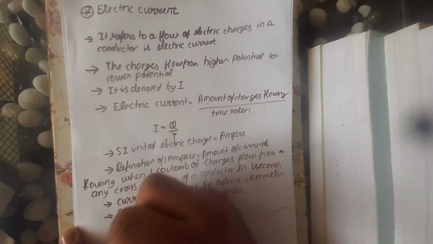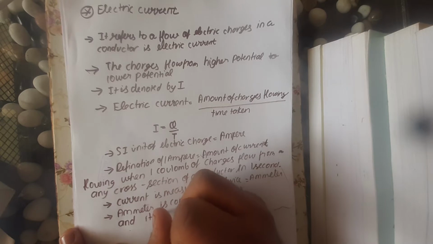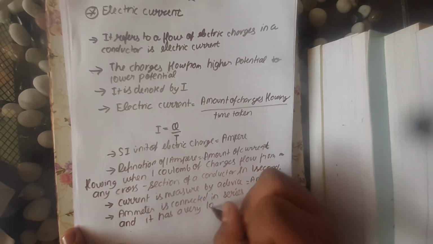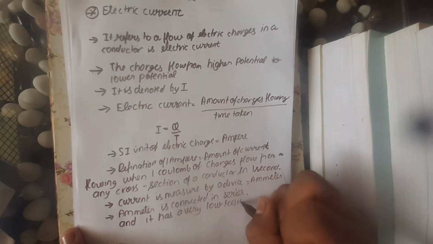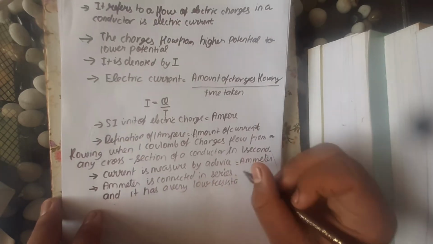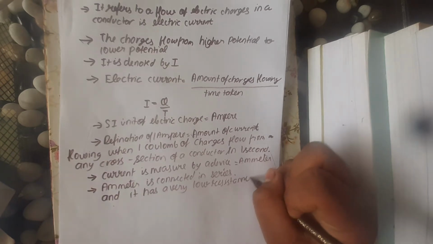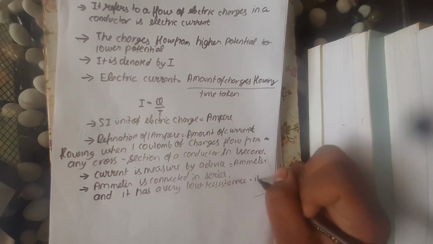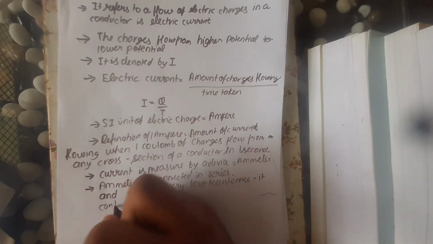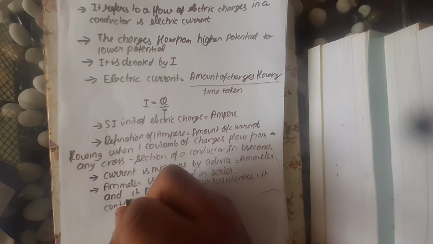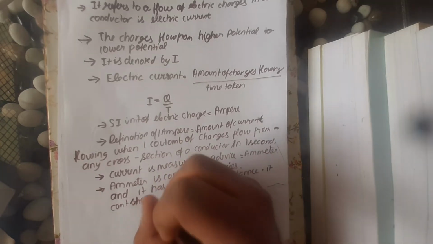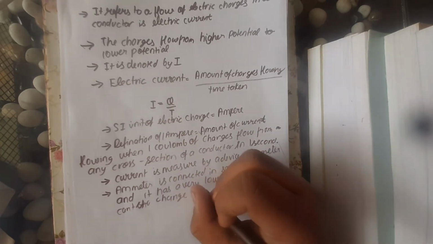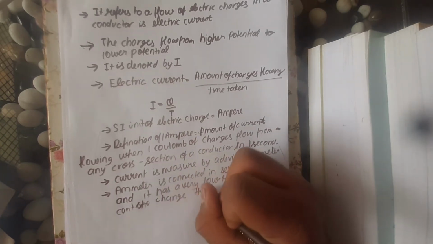The ammeter has a very low resistance. Due to this low resistance, it can't change the value of the current.